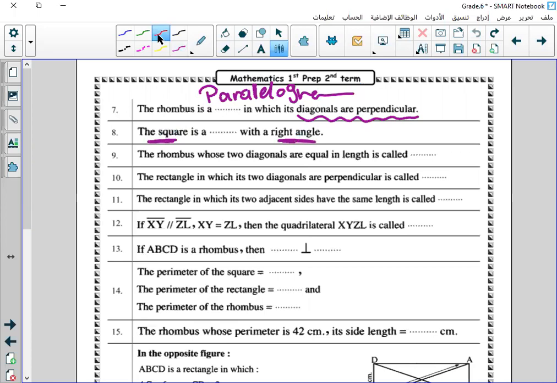Rhombus. Yes, rhombus. The square is a rhombus with a right angle.